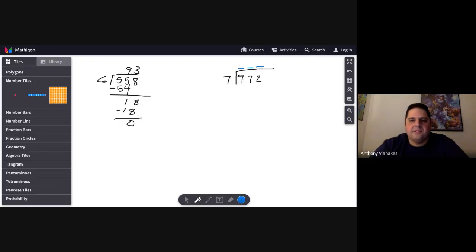And my first number is larger than what I'm dividing by, so it will go in 100 times. So that's where I'm going to start. So the first thing I'm going to do, 7 times 100, and then subtract 700. And then whatever's left over is what I'm bringing down.